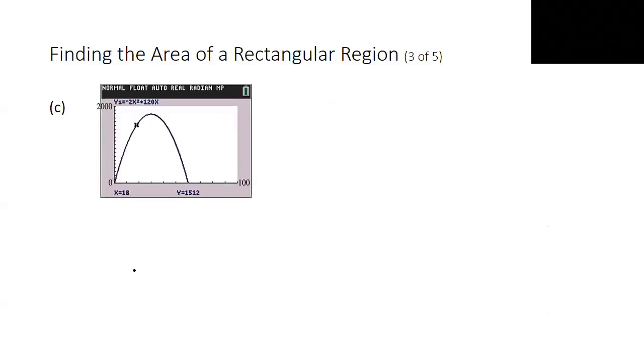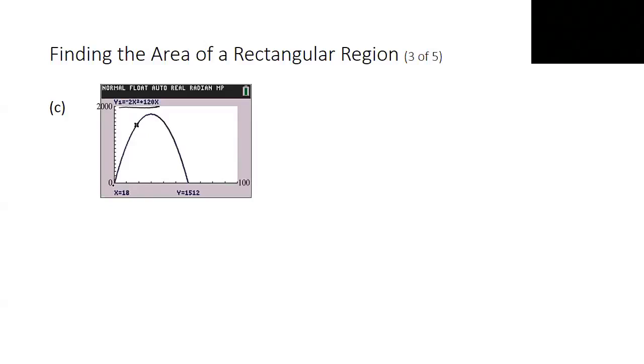For part C, it says graph the function in a viewing window that shows both the x-intercept and the vertex. So when you plug the equation into your graphing calculator, make sure the windows for the x and y axis are properly set, so you can see the x-intercept and the vertex.